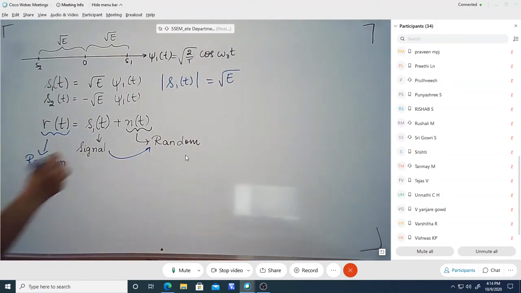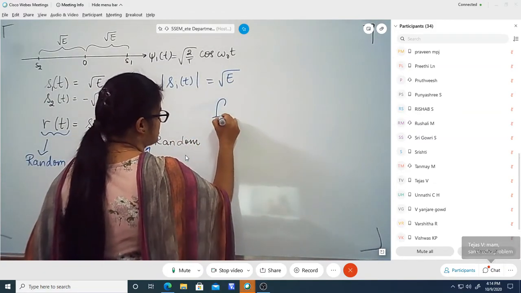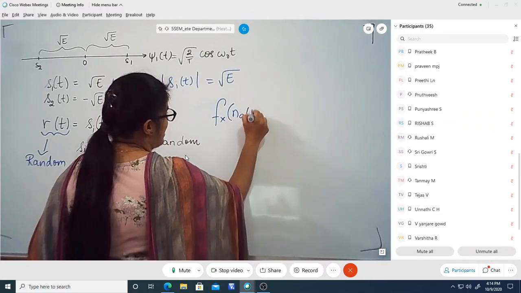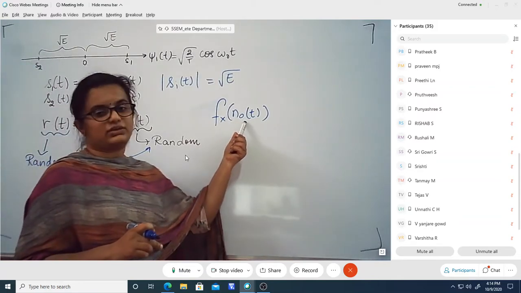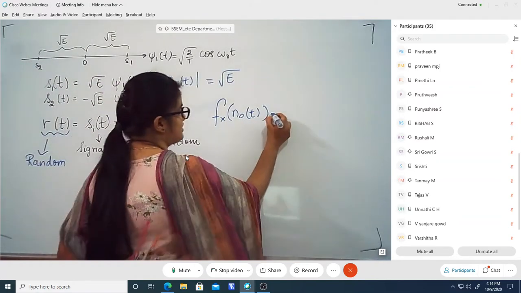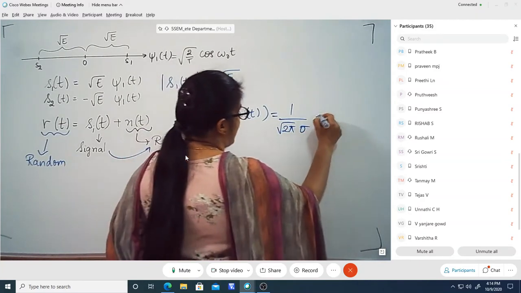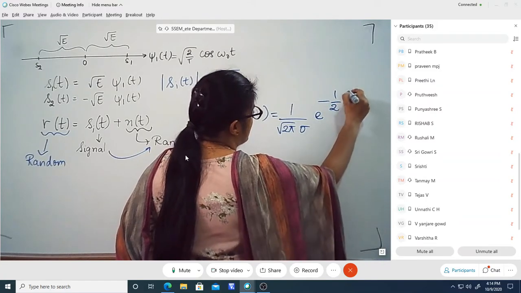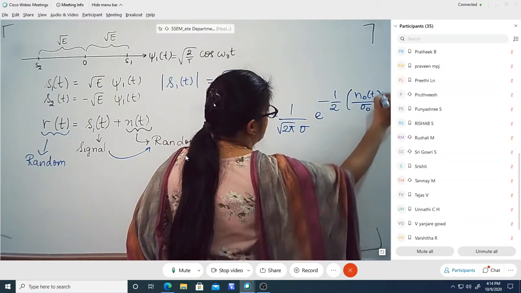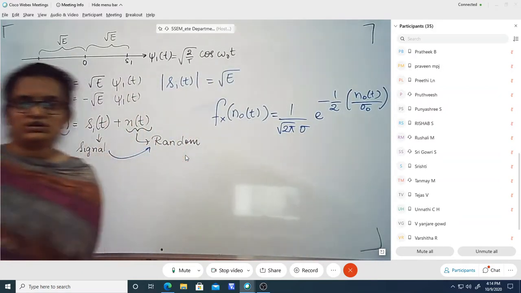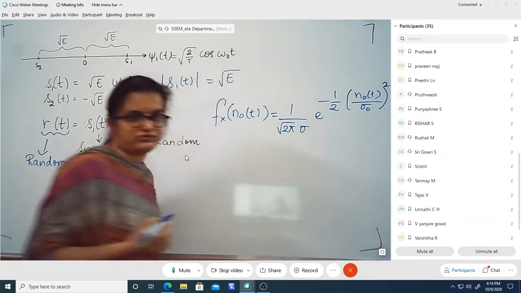As we know, the noise is random, and its probability density function, representing the random noise with the random variable n naught of t, is 1 by under the root 2 pi into sigma, exponential raised to minus half into n naught of t divided by sigma naught whole square. This is the expression for the probability density function of the noise.